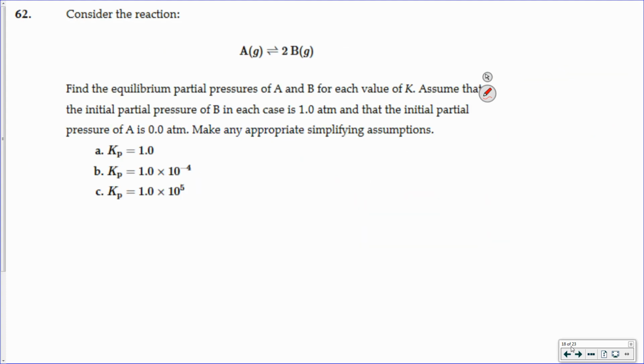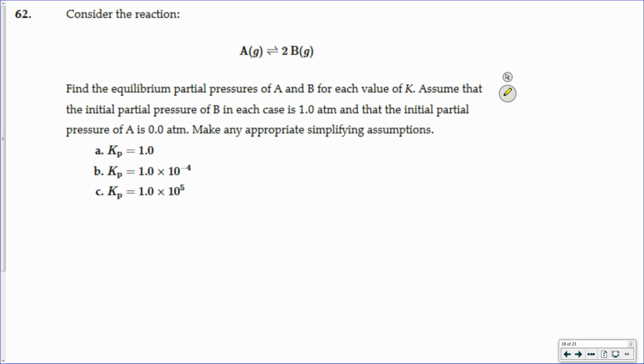Okay. All right. So 62 says find the equilibrium pressure for each value of K. Assume that the partial pressure is 1 atmosphere, and the partial pressure of B. So this one's kind of tricky in the way it's wording things.